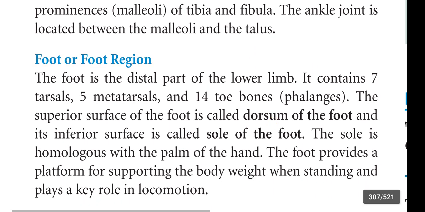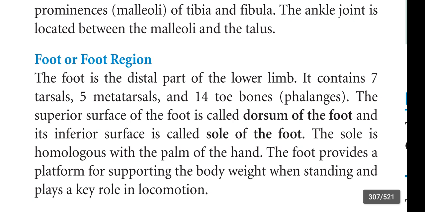Next, foot or foot region. The foot is the distal part of the lower limb. It contains 7 tarsals, 5 metatarsals, and 14 phalanges.